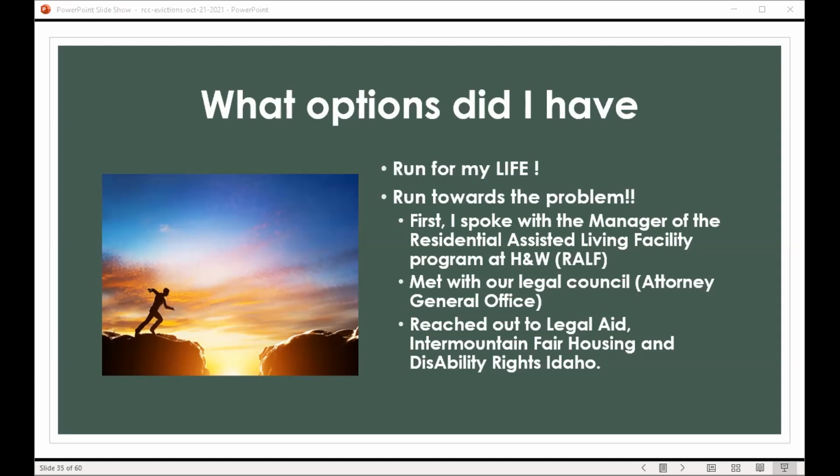Legal aid was quite appalled with what facilities were doing. So through our meetings, we thought it would be good to broaden our outreach to see if there were others we could get to work with us to advocate in resolving these issues.